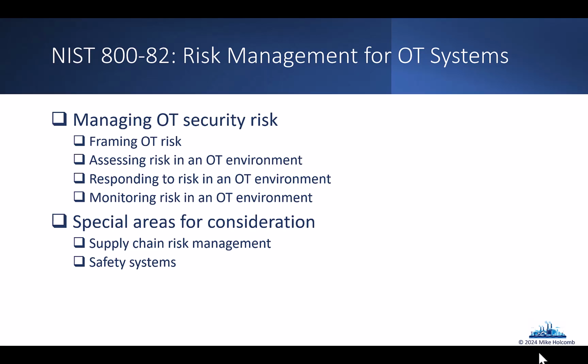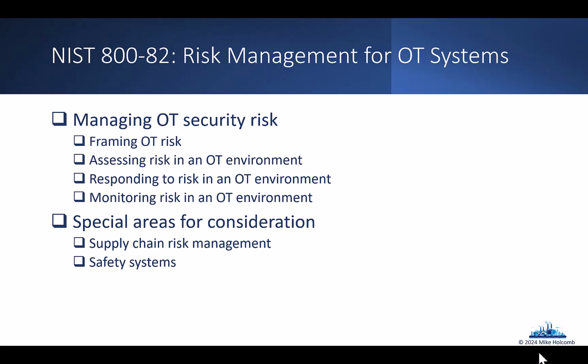That lowers the risk. There's still going to be some risk there, but it lowers the risk. But we want to be able to monitor and track those risks over time. That's usually when you talk about adding items to a risk register. So you have this master list of all the risks that you've identified and what you're actually doing about them. We'll talk more about that in the 62443 section.